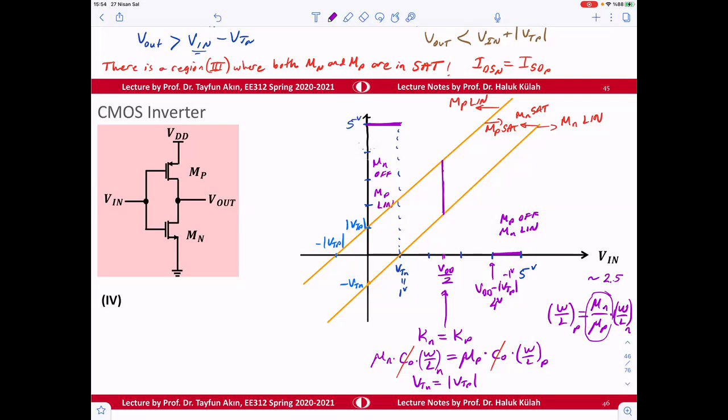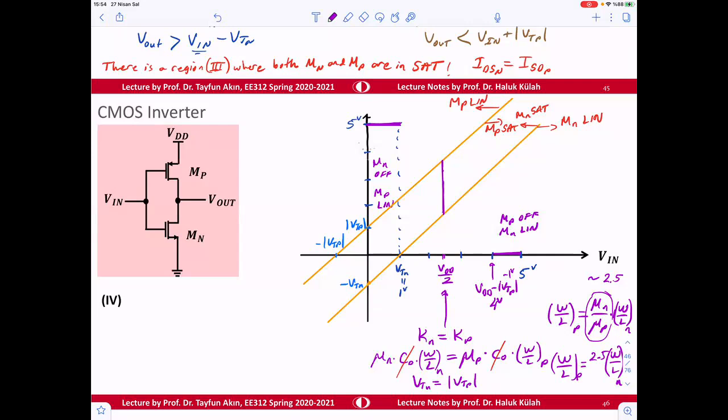We know that mu P is smaller than mu N, so the NMOS transistor is stronger. So if W over L of P is equal to 2.5 times W over L of N, then we have this symmetry generated.